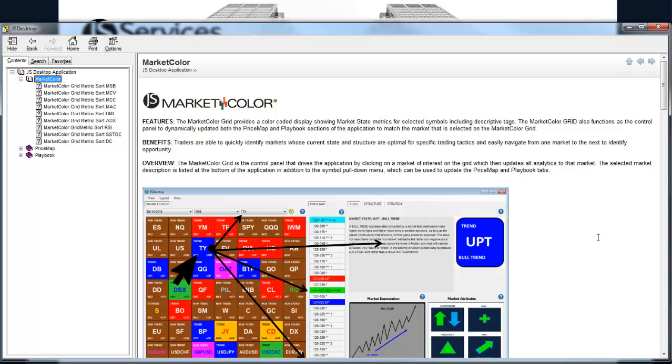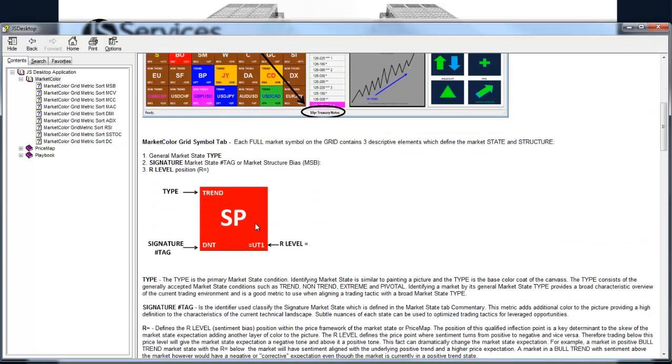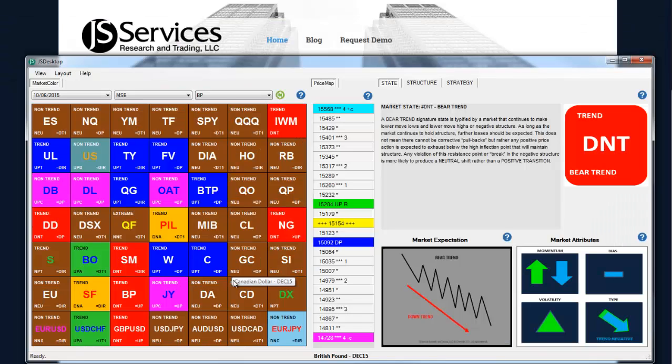And the grid displays each one of them with its symbol, its general market state type, what we call our signature tag, what is the signature market state, one of the 26, and where is the structure bias. The idea behind the grid is that it's a strategy-based trading tool, so you're able to align your trading tactics with market states that complement your tactics.